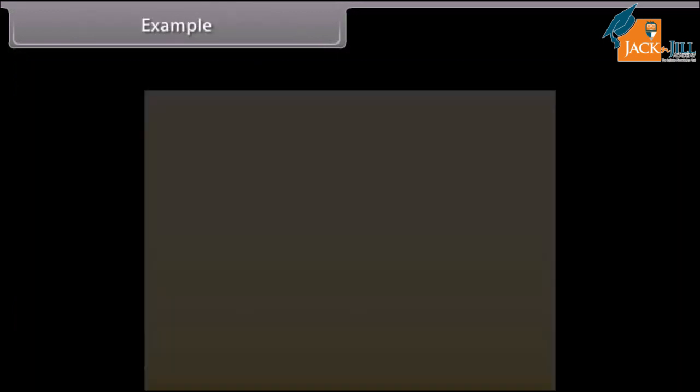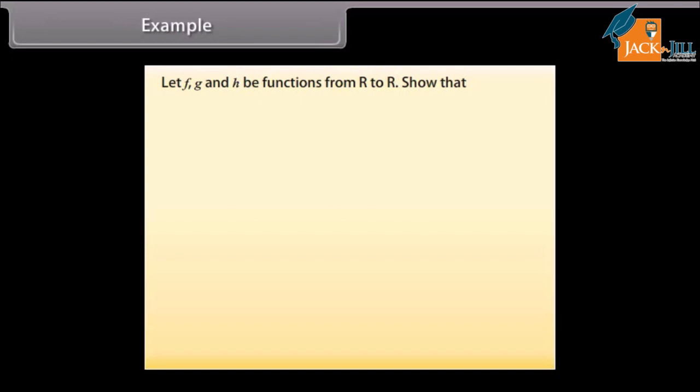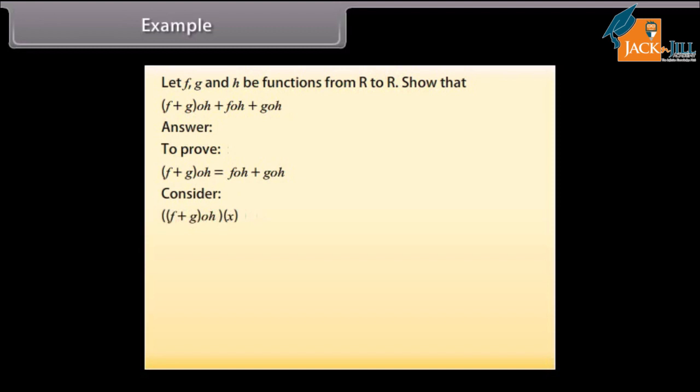Example. Let f, g and h be functions from R to R. Show that f plus g of h is equal to f of h plus g of h. Answer. To prove f plus g of h is equal to f of h plus g of h, consider f plus g of h of x, which is equal to f plus g of h of x.